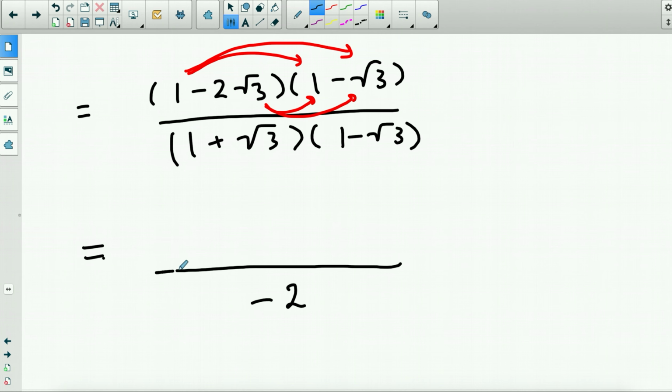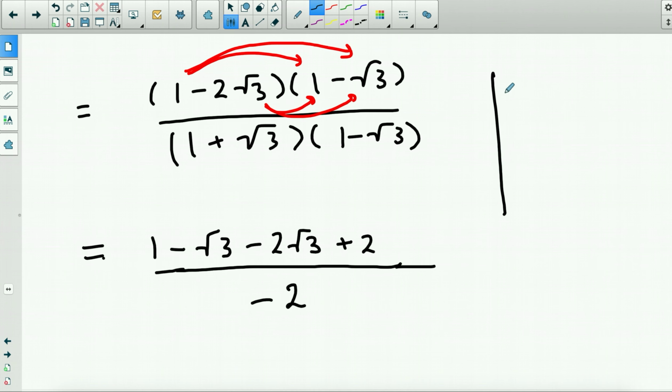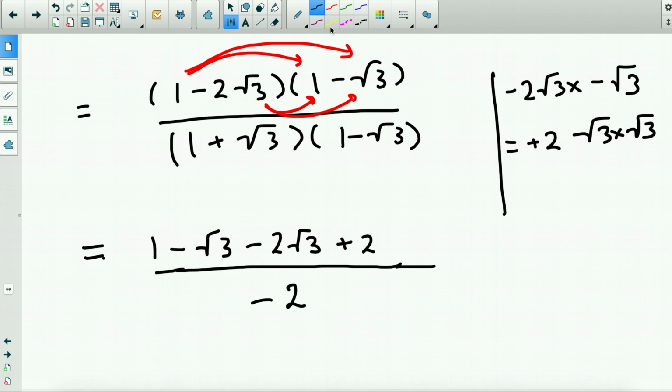And as for the numerator, multiplying each term will give you 1, and then minus square root of 3, minus 2 square root of 3, and then you have your positive 2, so that's the value outside, and then I'm just going to do on the side, so it's a negative 2 square root of 3 times a negative square root of 3, so you have your negative 2, your positive 2, and then you have a square root of 3 times a square root of 3. The positive came from the fact that you have two negatives here, so you end up with a positive. And then square root of 3 and a square root of 3 is just simply 3.